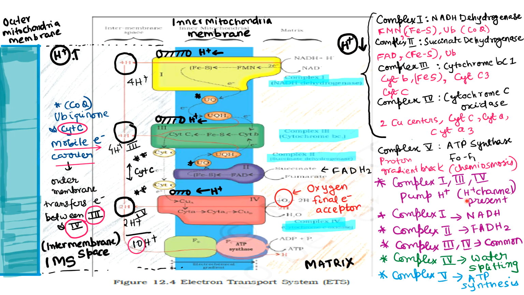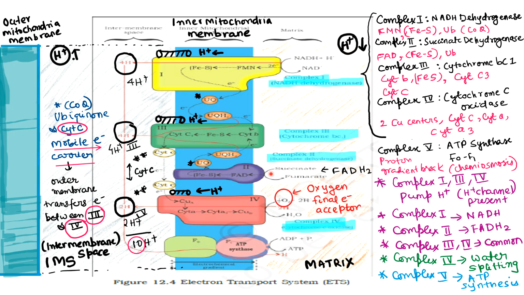Next thing you need to remember is that NADH gives its electrons through complex 1, which then travel through complex 3 and 4. So complex 1, 3 and 4 are involved in the movement of electrons released by NADH. And where does FADH2 give its electrons?